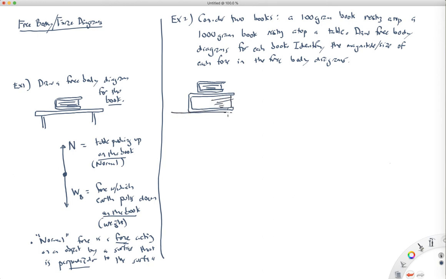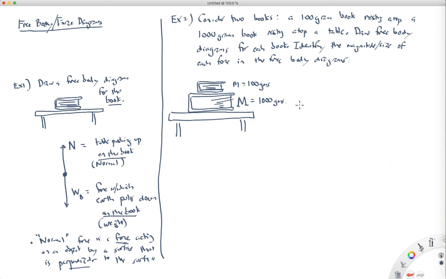And that book is going to be resting on the surface of this table. So I'll call this one the little mass. It's 100 grams. And this one is the big mass, I'll write a capital M, for 1,000 grams.